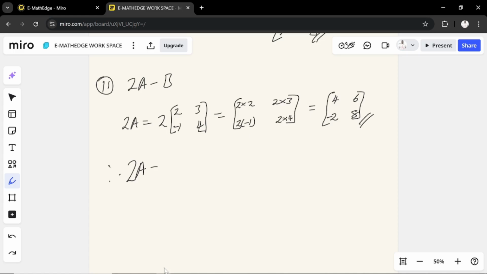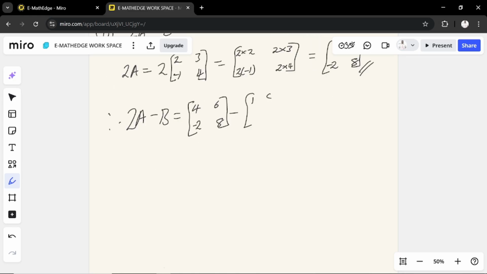Matrix 2A minus B is going to be, let's bring out the matrix 2A which we have to be 4, 6, negative 2 and 8, minus matrix B which we have it to be 1, 5, 2, 0.